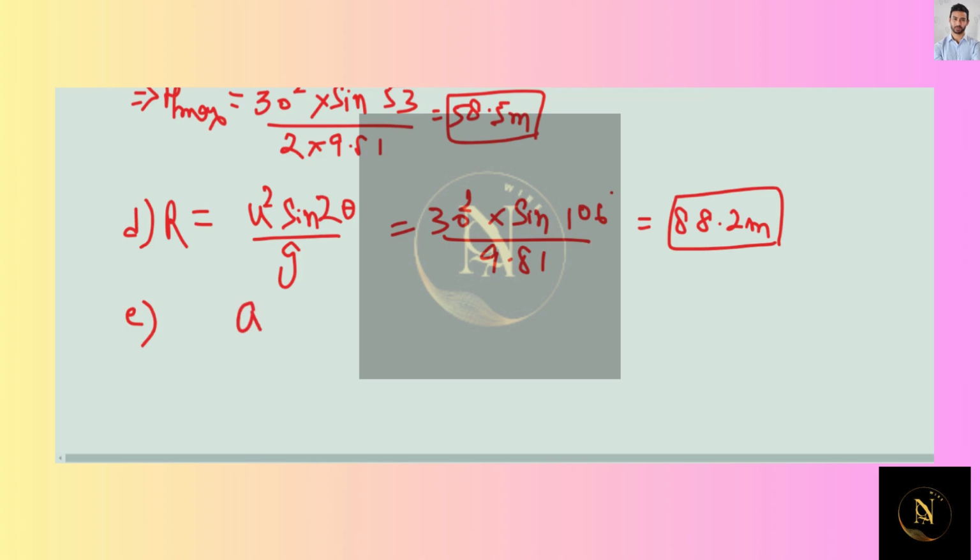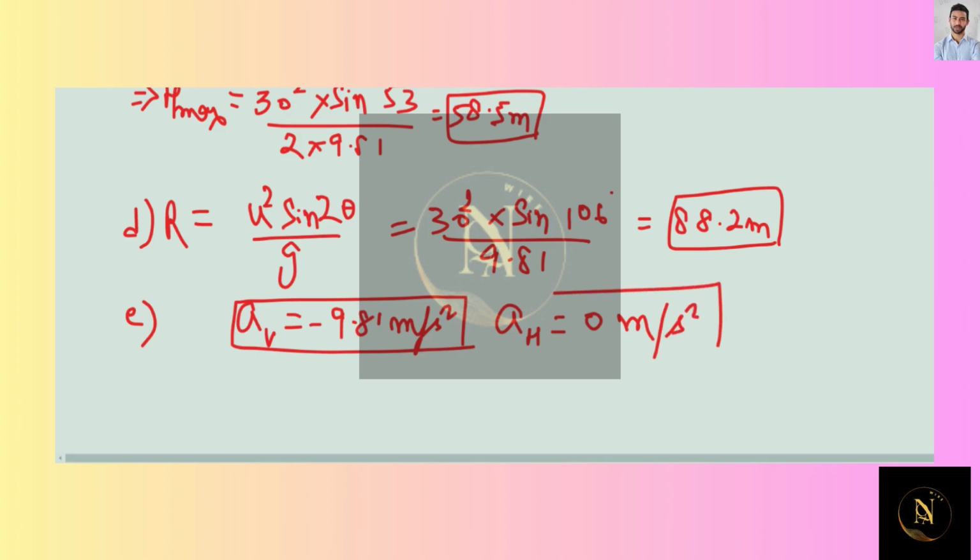And finally we need to figure out the velocity components as well as the accelerations at the highest point. Acceleration at any point will be in the vertical direction, and that will be minus 9.81 meters per second square, because this is due to the gravitational force acting in the downward direction, and the horizontal acceleration will be 0 because there is no such force acting along the horizontal direction.